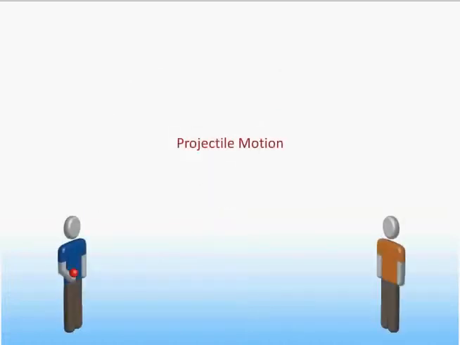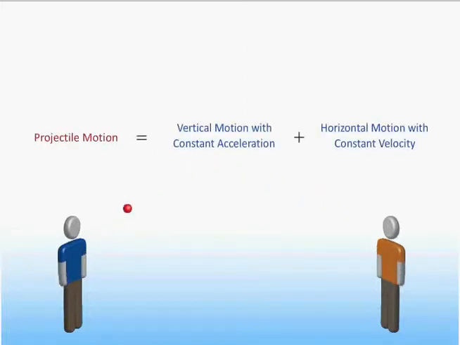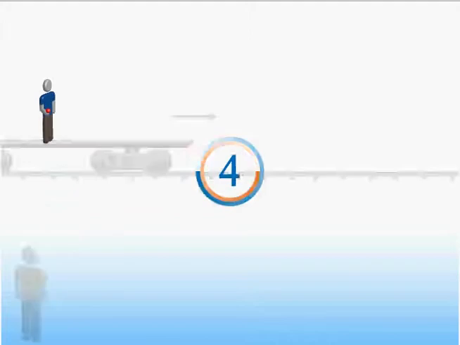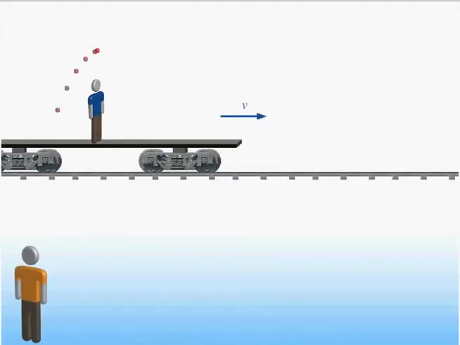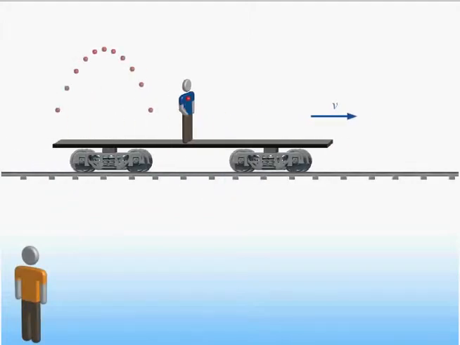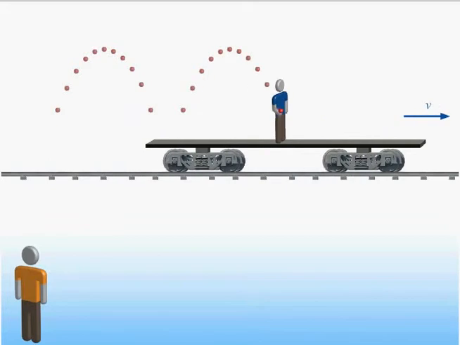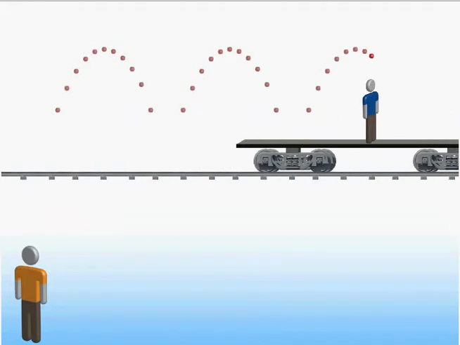Third, we examined a particular example, that of projectile motion described as motion at constant acceleration in the vertical direction and motion at constant velocity in the horizontal direction. Finally, we discovered that projectile motion could be understood as the motion of free fall viewed from a moving reference frame.